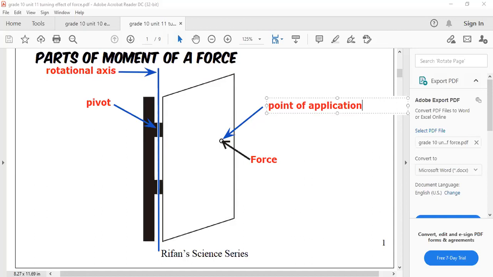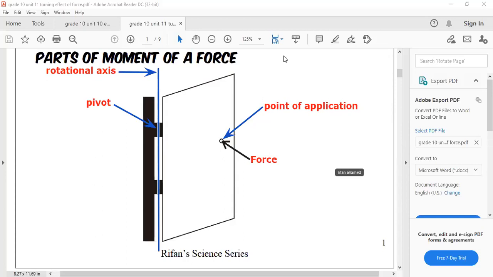In grade 9 you studied about the word, what is it? Point of application. Are you clear? The pivot, the rotational axis, the point of application?